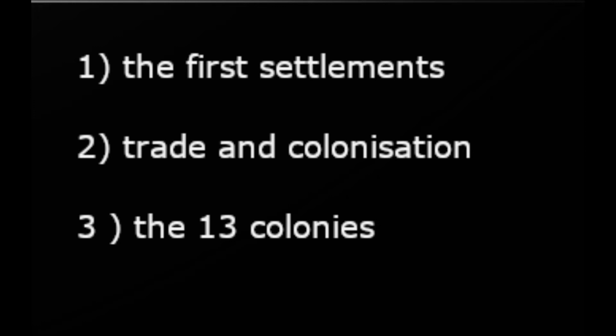The British Navy is very strong, and we can say that they discovered the New World, because it was not named America at the time. It was called the New World, the Promised Land as well. So some of the Englishmen and Englishwomen decided to go to America to found homes and settle there in what we call the 13 colonies.